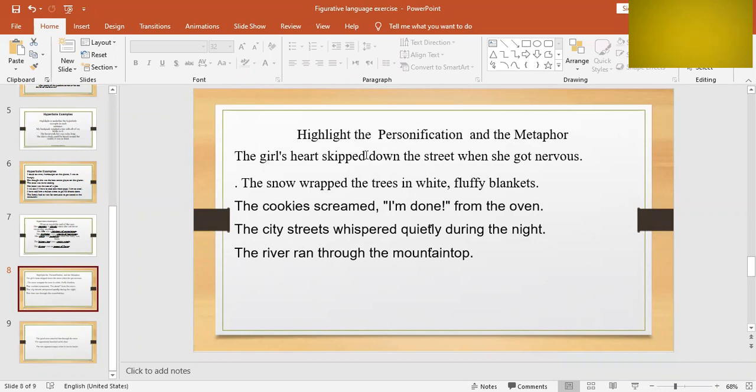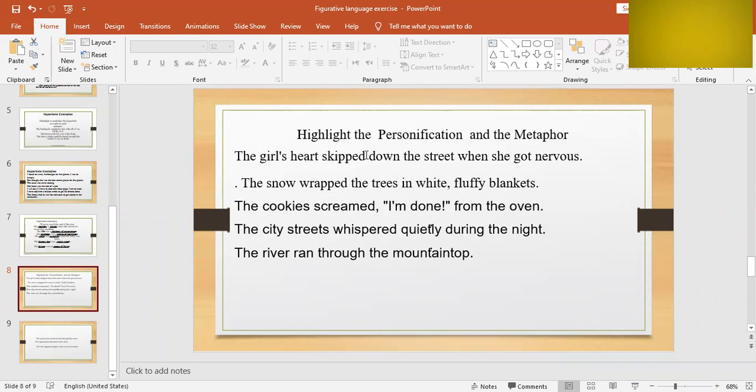Okay. The snow wrapped the tree in white fluffy blankets. Now, a mother wraps her baby to protect it with a blanket, with a cover, to protect it from cold, for example, or from storm, or from whatever.